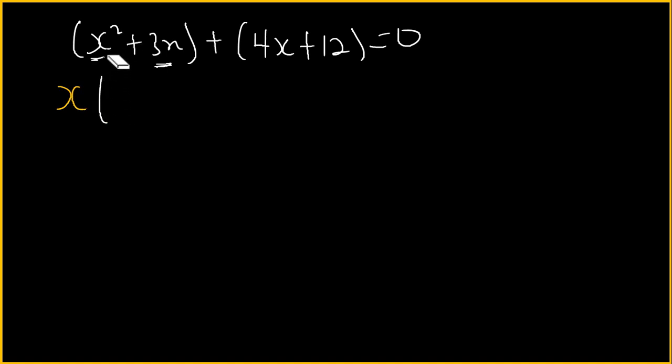One of the x from this x squared is taken out, so one x is left inside, plus the x attached to 3 is also taken out, so we have only 3 here, plus 4x plus 12, and 4 could be taken out because 4 is also a factor of 12. So 4 is taken outside our bracket.